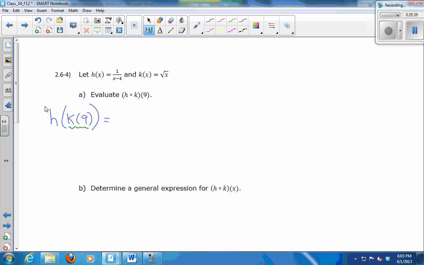Okay, work from the inside out. What is k of 9? 3, because k is the square root function, so k of 9 is 3. So I replace the k of 9 with a 3, and then I evaluate h of 3. And what is h of 3? 1 over -1, which is -1.